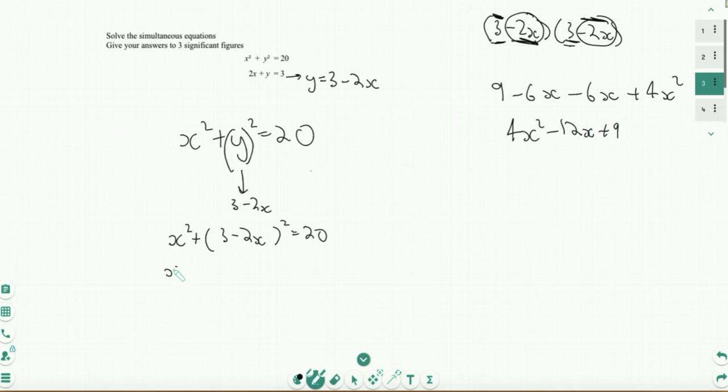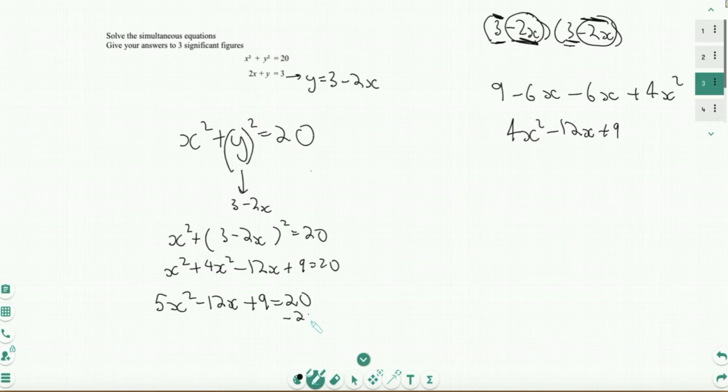So we have x squared plus 4x squared minus 12x plus 9 equals 20. Let's combine the like terms. x squared plus 4x squared is 5x squared minus 12x plus 9 equals 20. This is a quadratic. There's a square term, an x term, and a constant. So the other side has to be equal to 0.